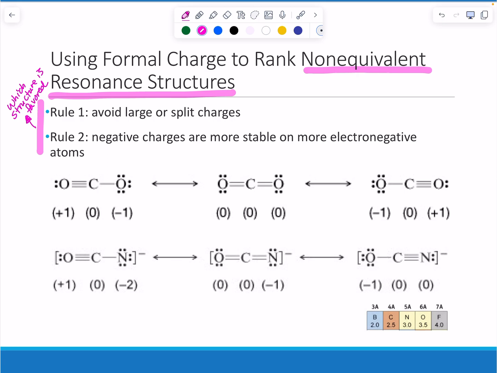All right, so let's look at carbon dioxide. So with carbon dioxide, we can draw three non-equivalent, okay, resonance structures, okay? So we have three structures, okay? Are any of these structures equivalent to one another?